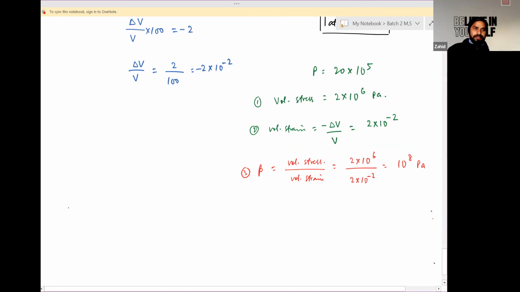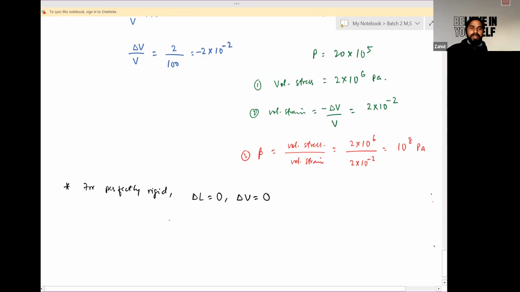Now, the next term is for a perfectly rigid body. Suppose there exists a rigid body, or perfectly rigid body, which means there will be no deformation produced in this part. So delta L will equal 0, delta V equals 0.